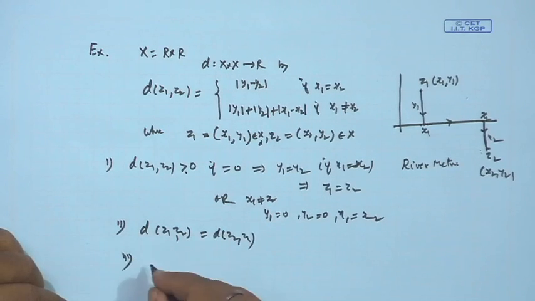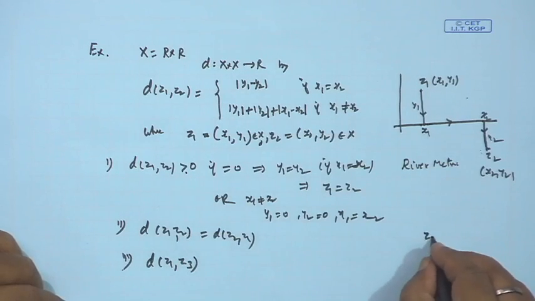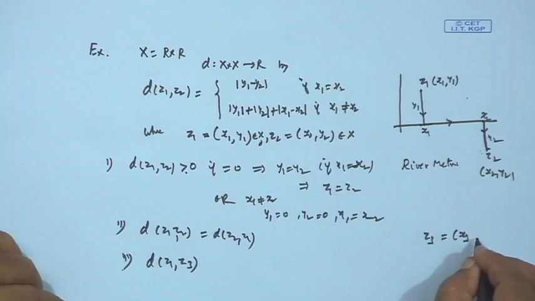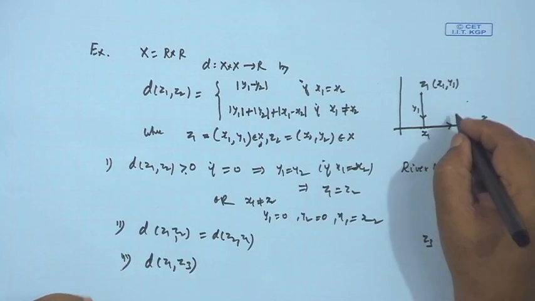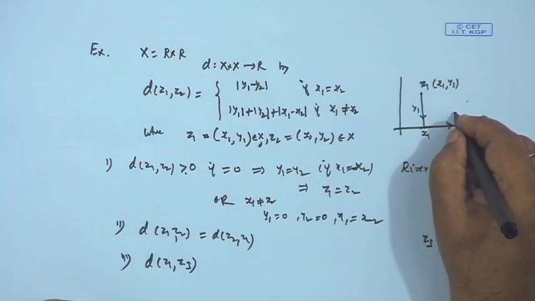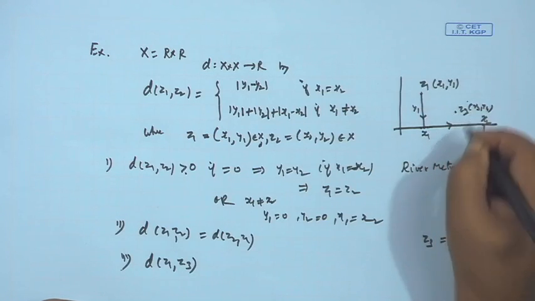And third is d(z1, z3), where z3 is another point (x3, y3).